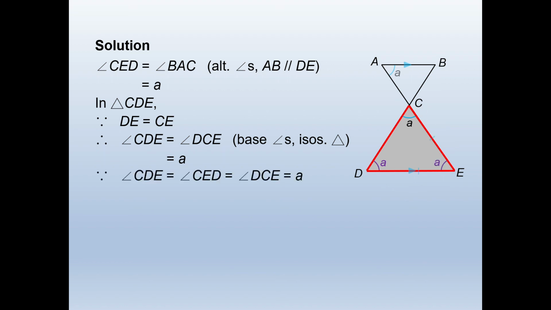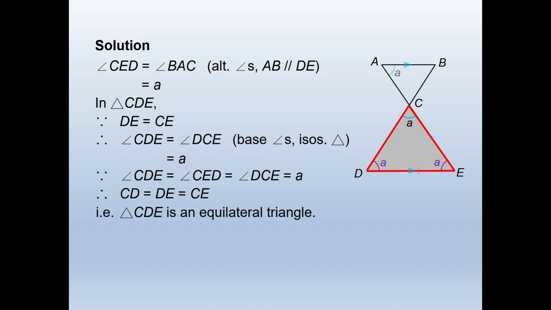Then we can conclude that since angle CDE equals angle CED equals angle DCE equals a, then CD equals DE equals CE. And therefore, the triangle CDE is an equilateral triangle. So now it's time for the practice.